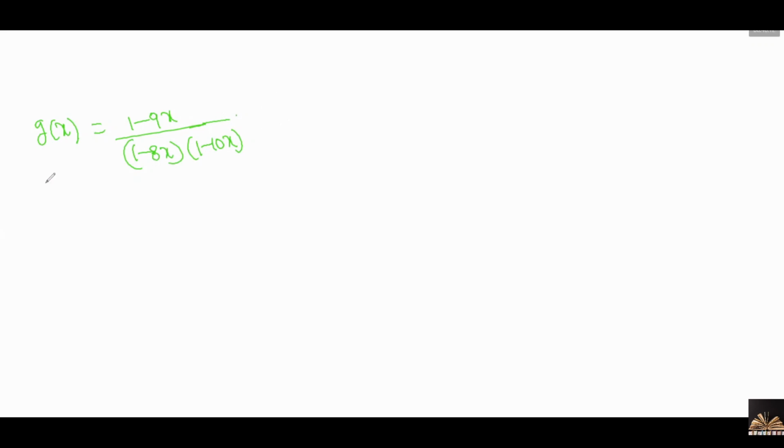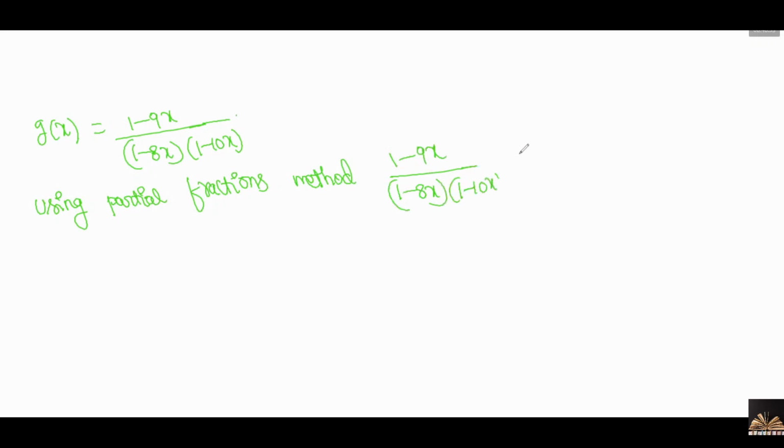So, using this partial fractions method, you can write it as 1 minus 9x by 1 minus 8x into 1 minus 10x is equal to a by 1 minus 8x plus b by 1 minus 10x. Now you need to find the values of a and b, right?